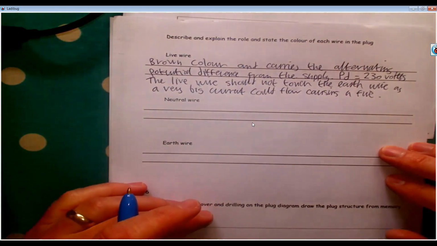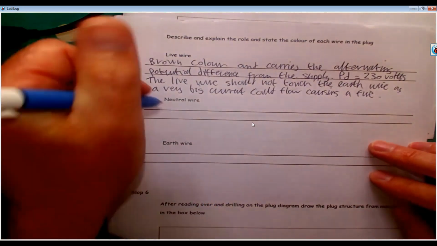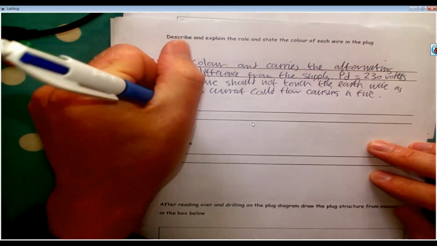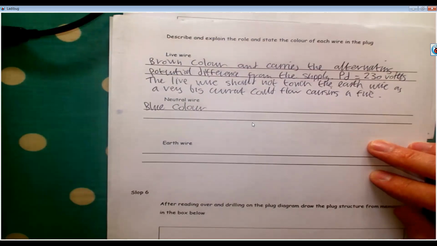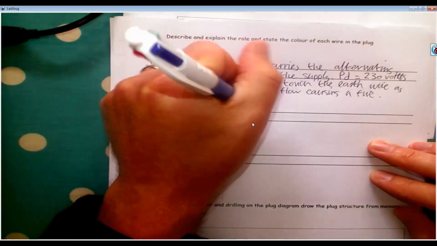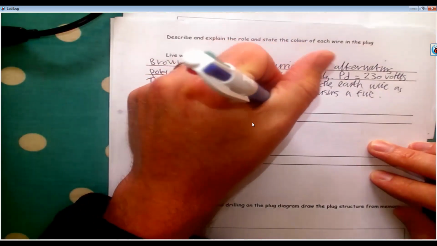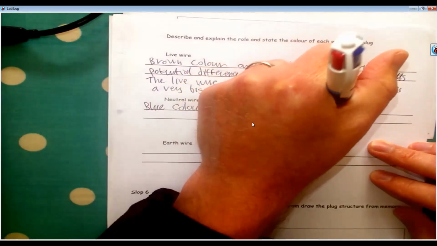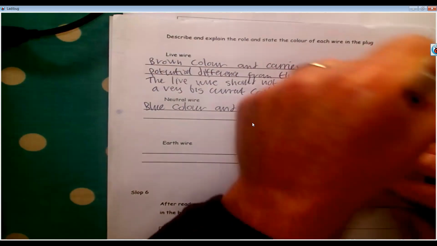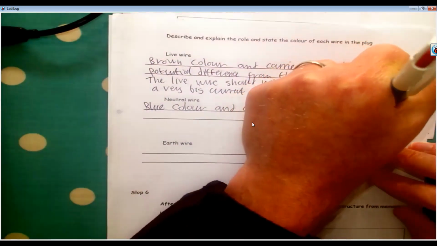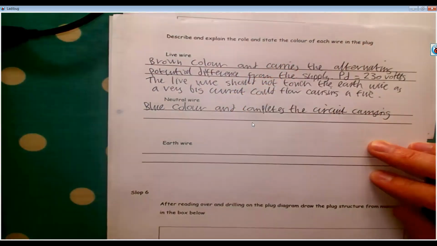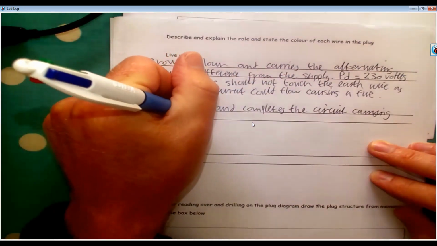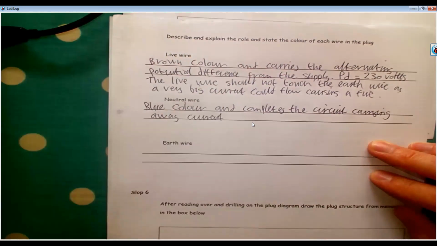What about the neutral wire then? Well, if you remember from the diagram, it's a blue color and completes the circuit, carrying away current.